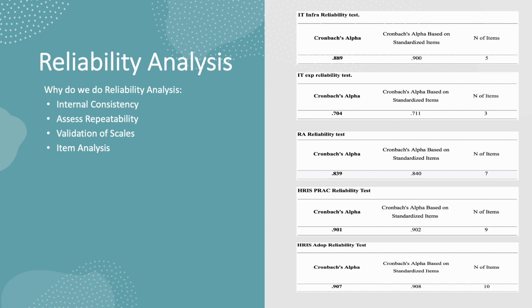Now, let's look at each table, and I'll do a quick voiceover on the findings from each table. Number one, the reliability analysis that was done on the IT infra. From this analysis, the calculated alpha coefficient was 0.889.